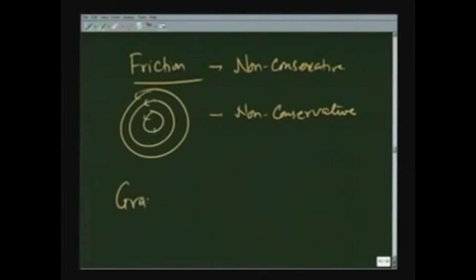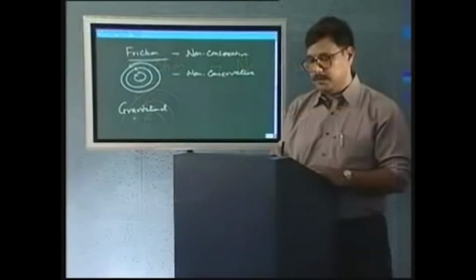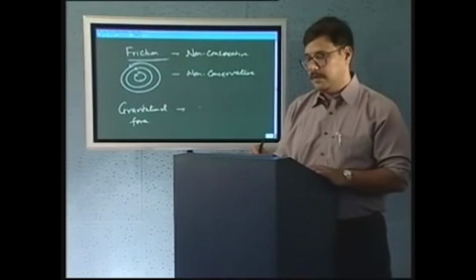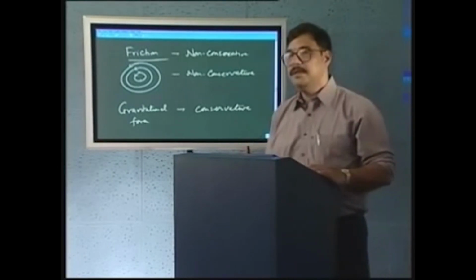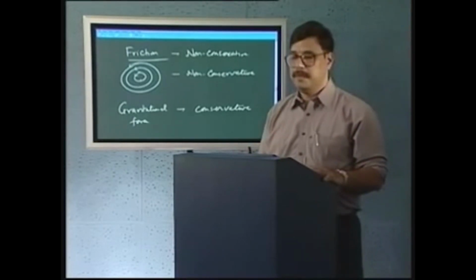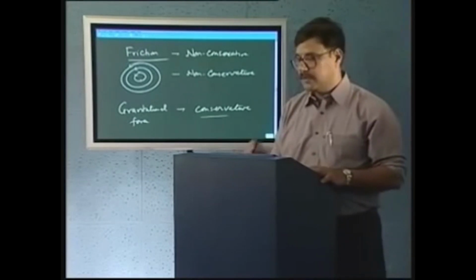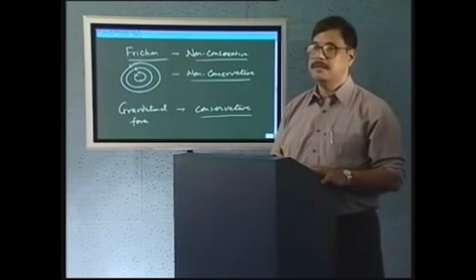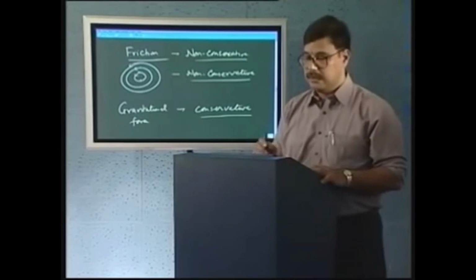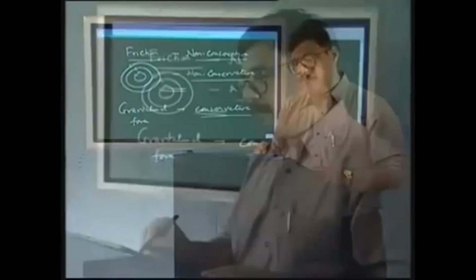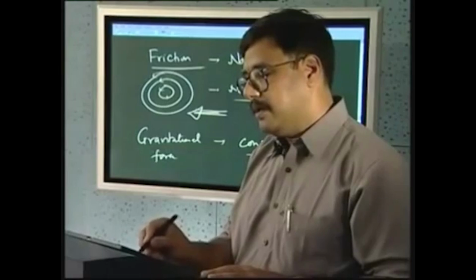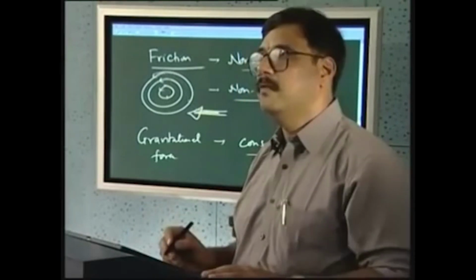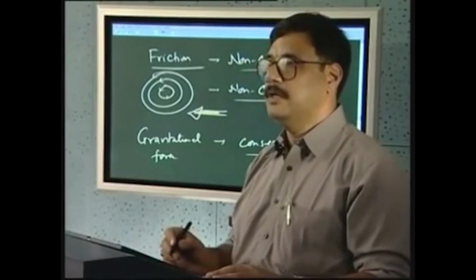Gravitational force is conservative. These are important concepts. There are certain things I can do for conservative forces which I can't do for non-conservative forces, and that is precisely why I define these two classes. You will see later in your course in electromagnetism that this kind of E field or force field arises when the magnetic field changes with respect to time.